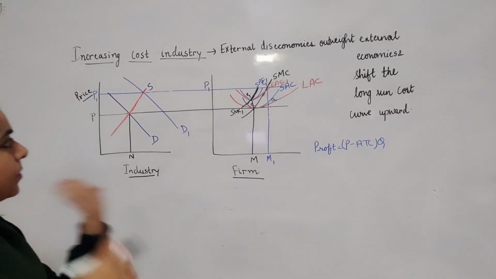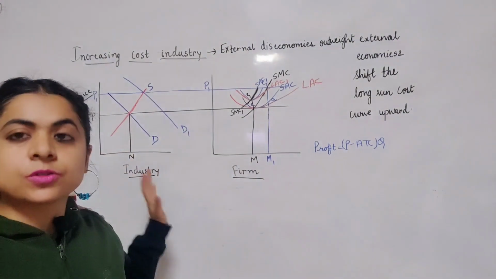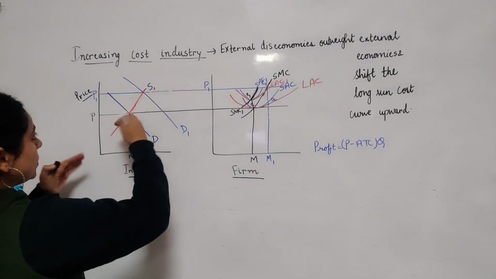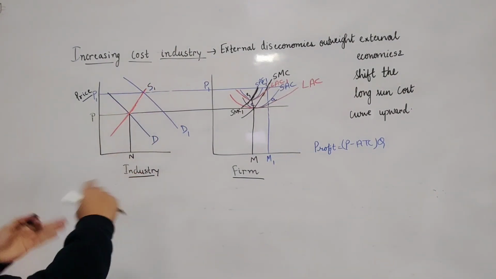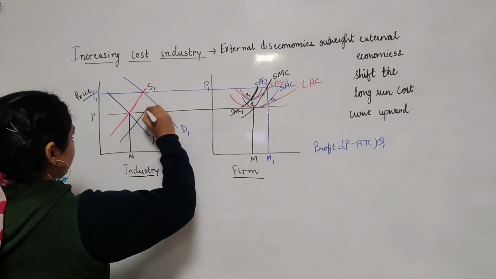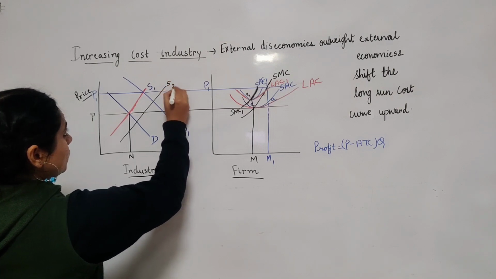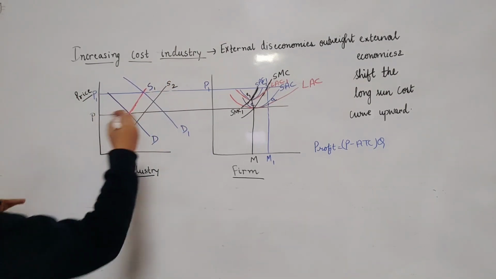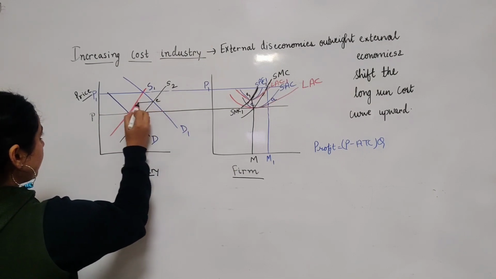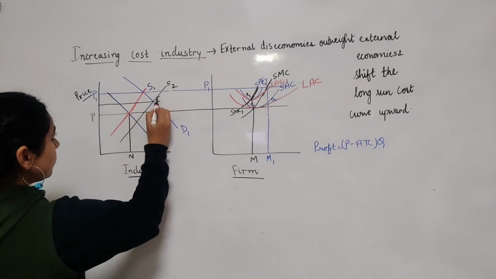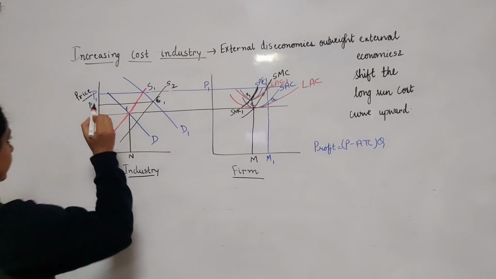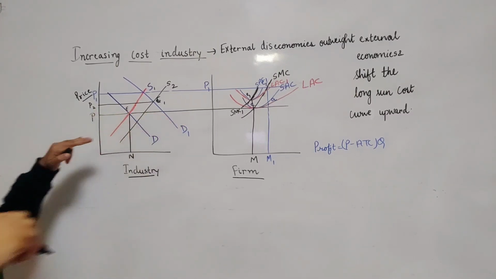Now, new firms will keep entering this industry, attracted by the supernormal profit, and supply will shift from S1 to S2, and at this new equilibrium point, price P2 is determined.